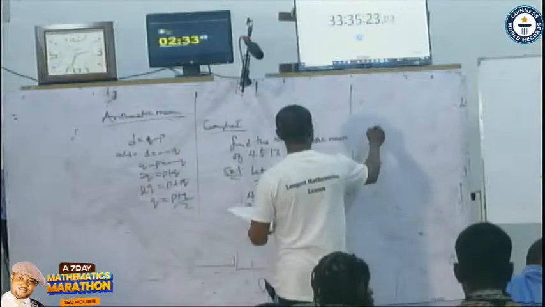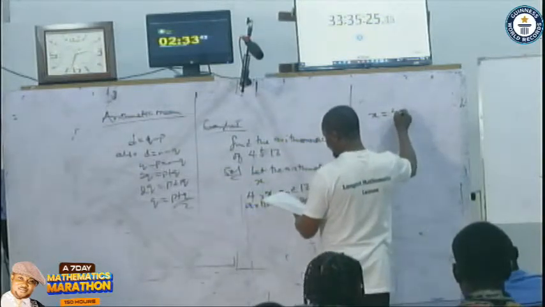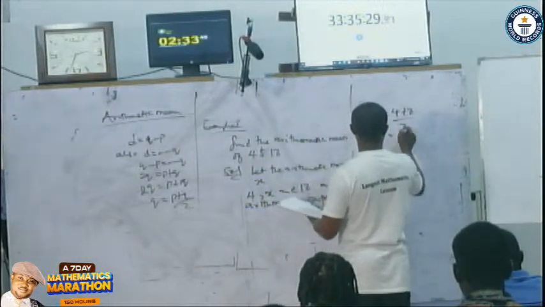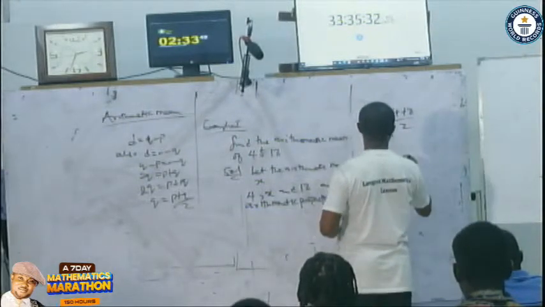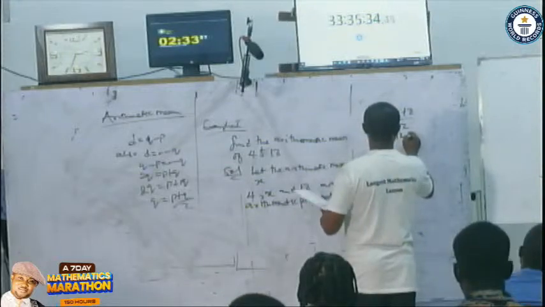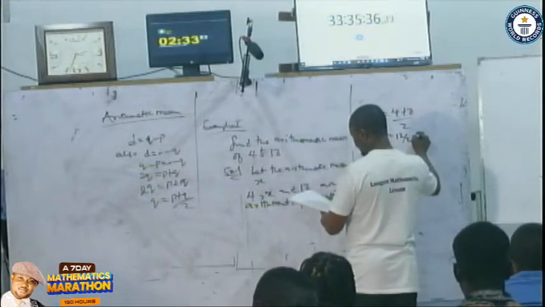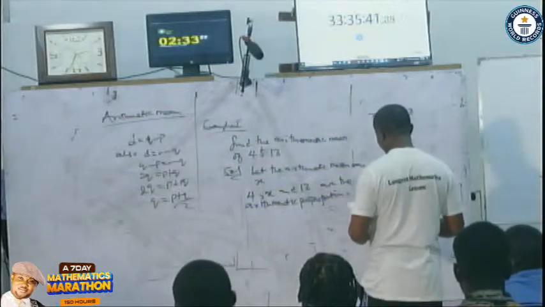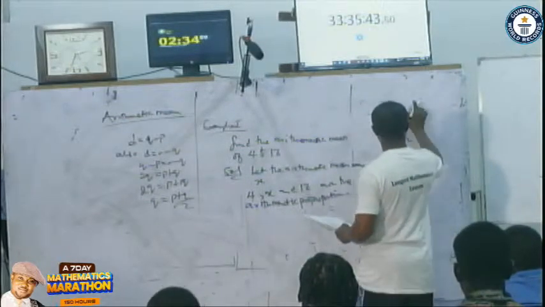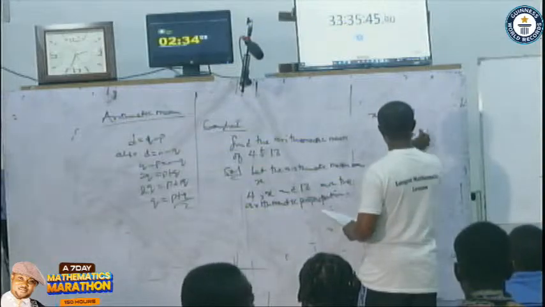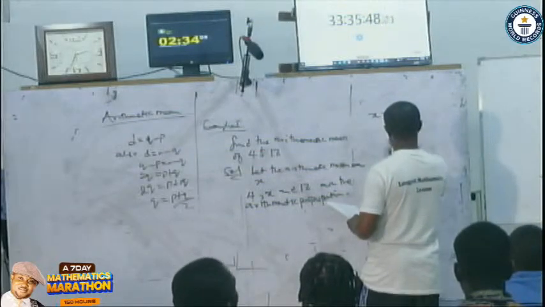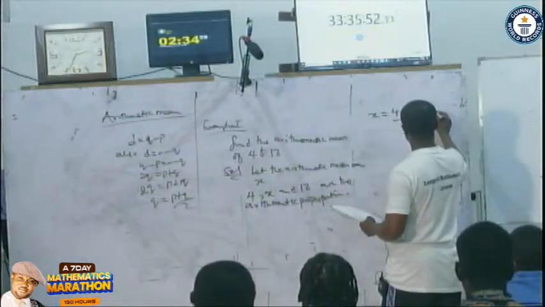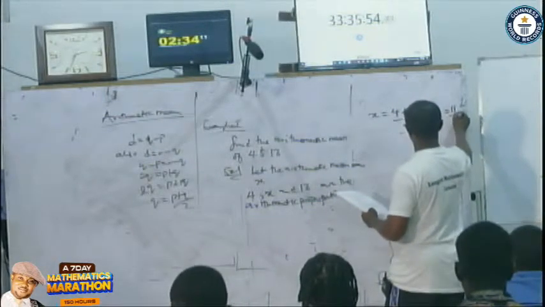So x will be equal to 4 plus 18 over 2, which is 22 over 2, which equals 11.